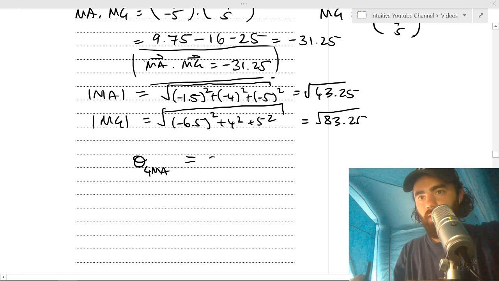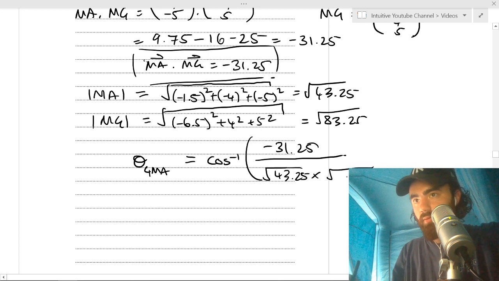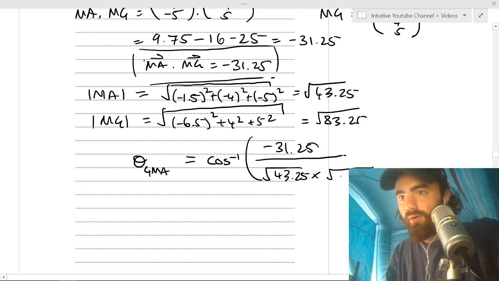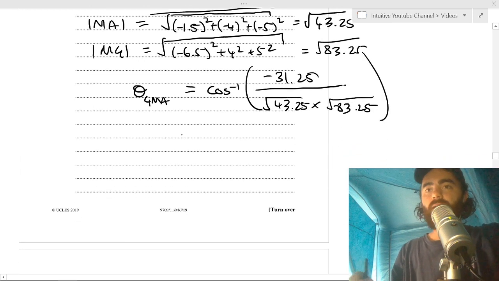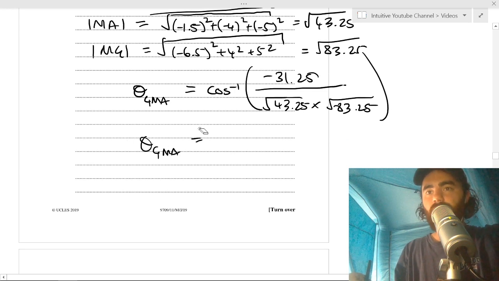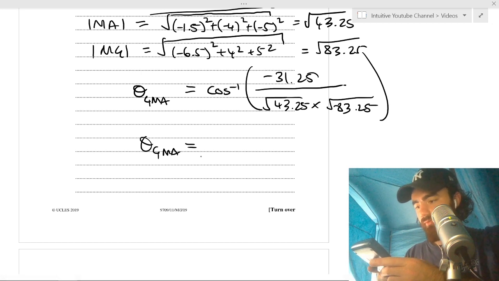Now we put all of that in, so we get theta GMA equals the inverse cos of negative 31.25 over the square root of 83.25 times the square root of 43.25.